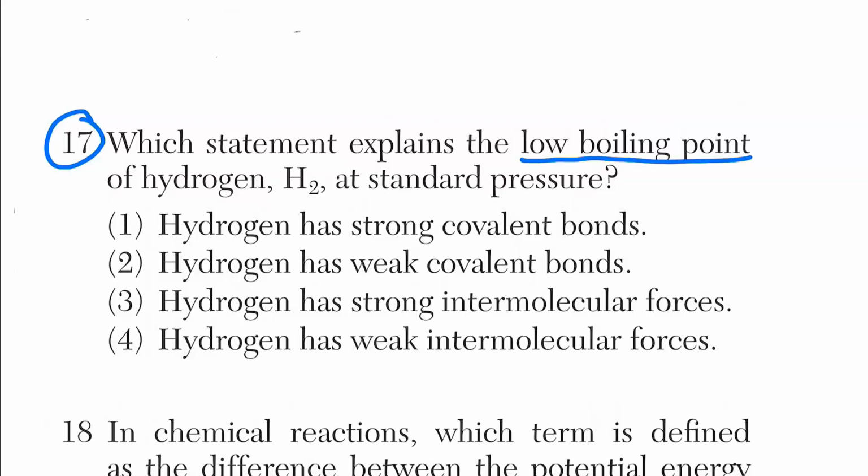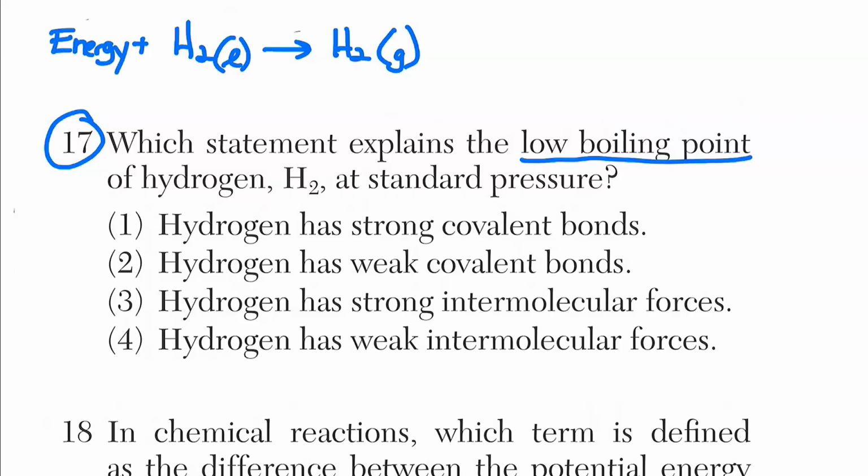Why doesn't it need a lot of energy to go from liquid to gas, higher energy? Of course, it's endothermic. It needs energy to go up because gases have higher energy. But the point is, why is it so low?